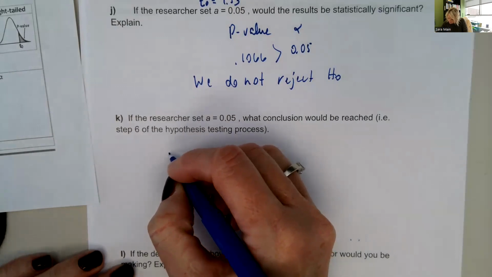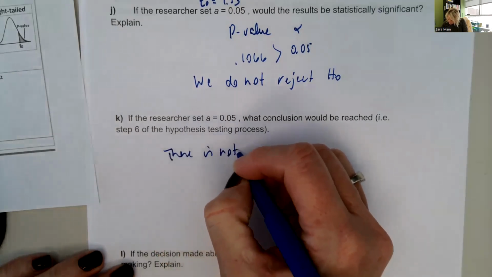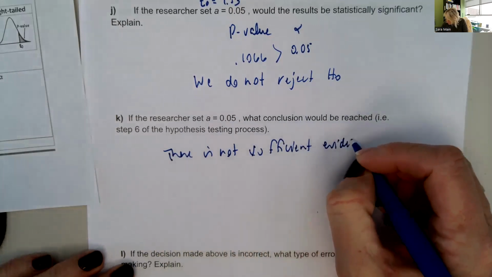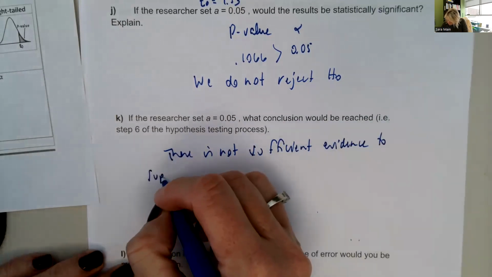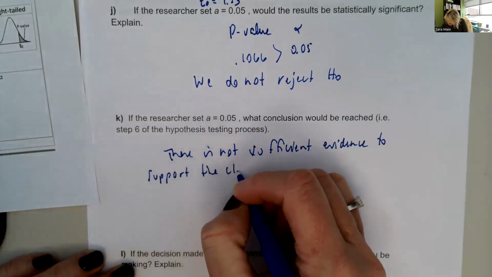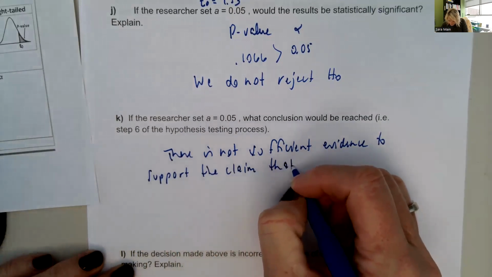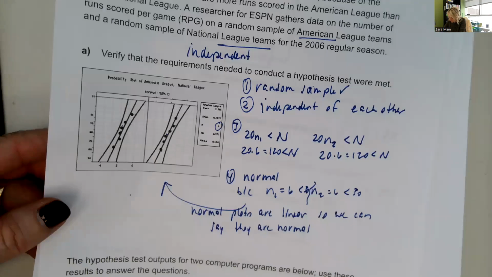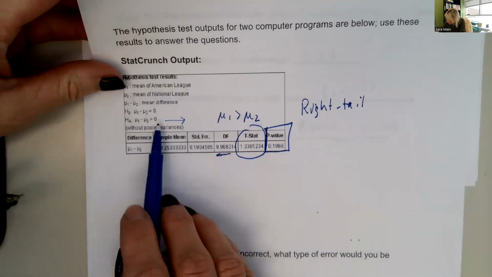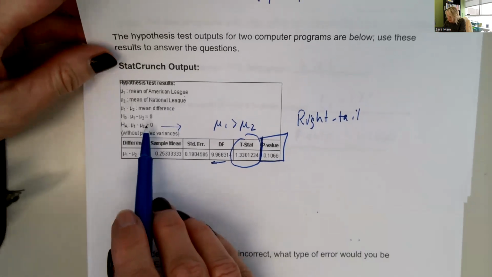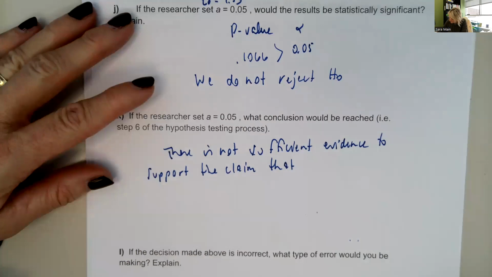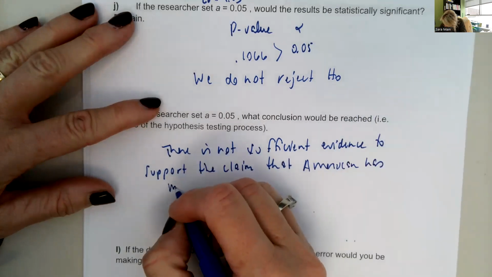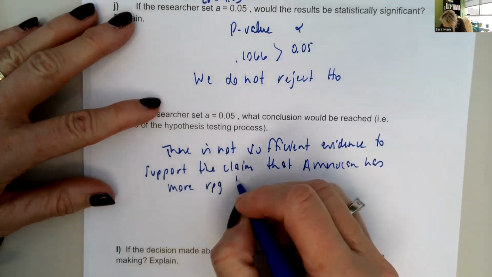There is not sufficient evidence to support the claim that, going back to the claim, they're claiming that the American League has more runs per game than the National League.